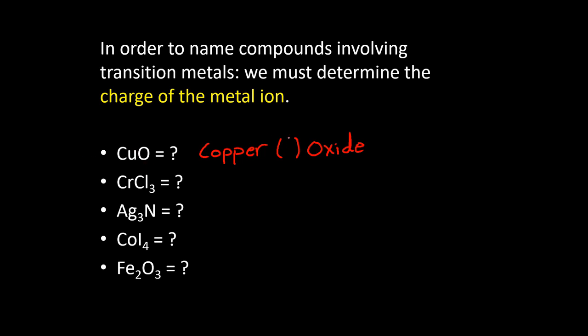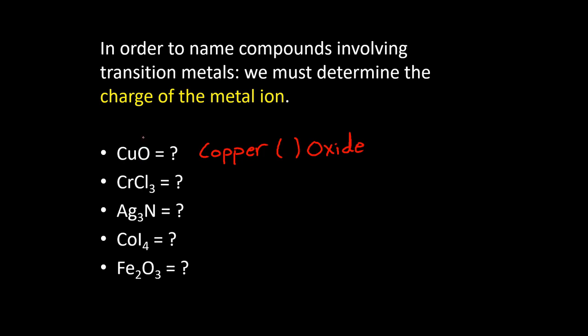So how do we determine what the charge is? That's the rub. If copper can have multiple different charges, how do we know what charge this is? The answer is we can look at the other thing. We can look at the other part of the molecule. So in this case, copper is paired up with oxygen, and more specifically, it's paired up with one oxygen.